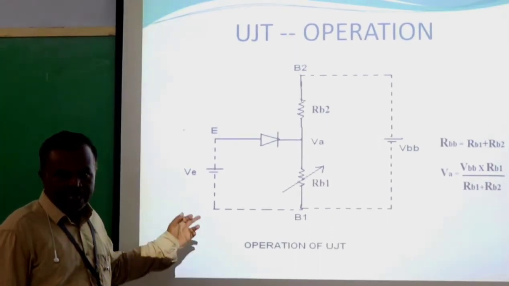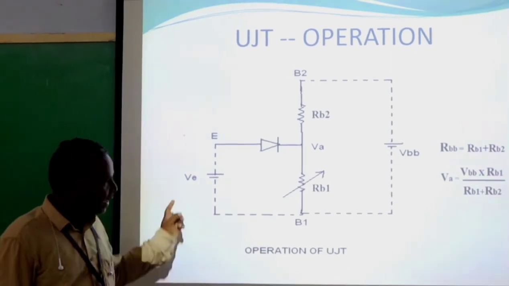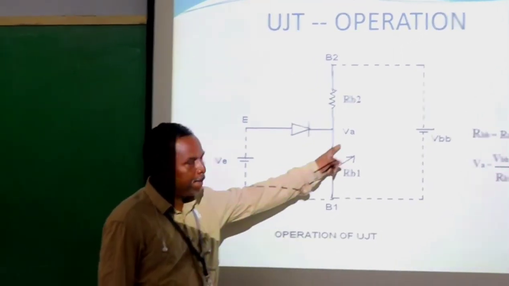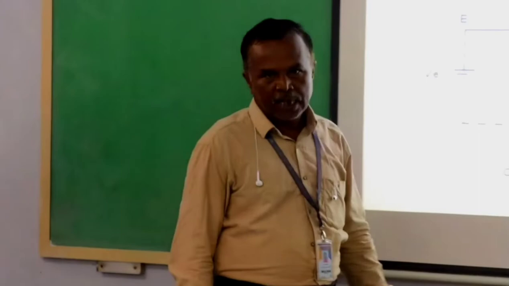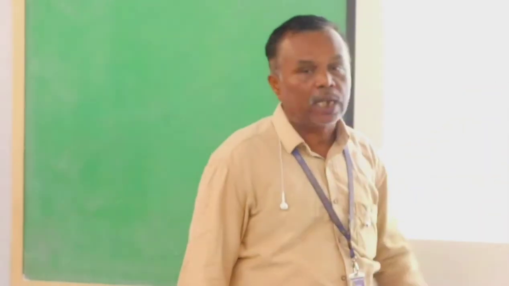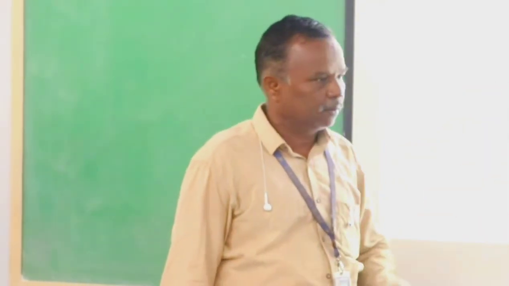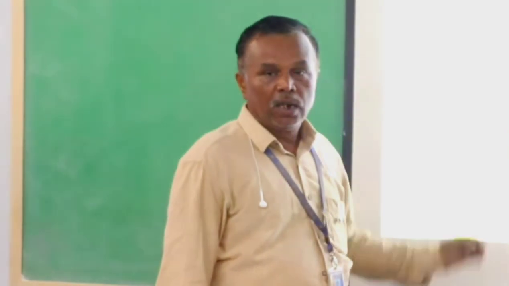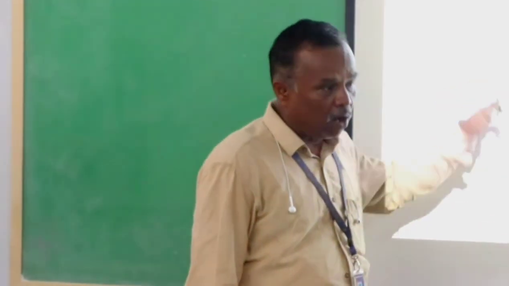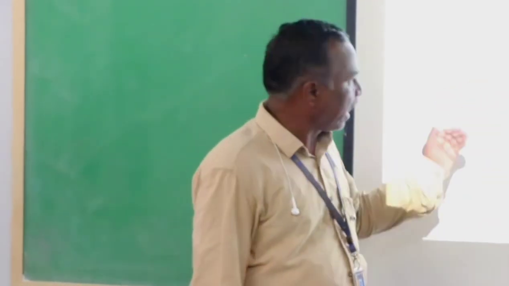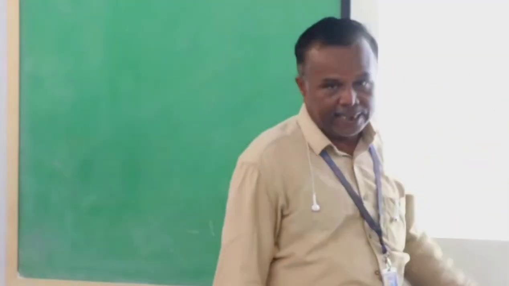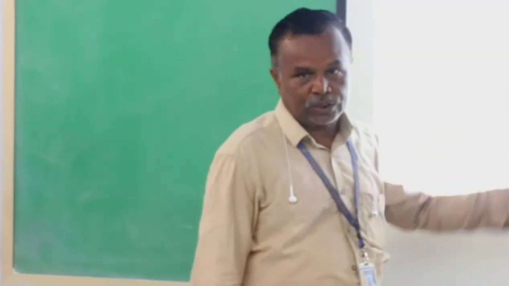Therefore, whenever VE is greater than VA plus VT, the diode turns into conduction operation. The diode turns on, and the current flow through the device increases beyond that voltage, VA plus VT.